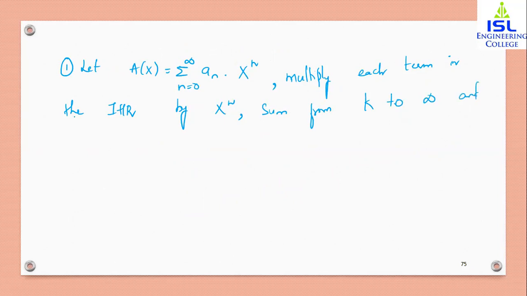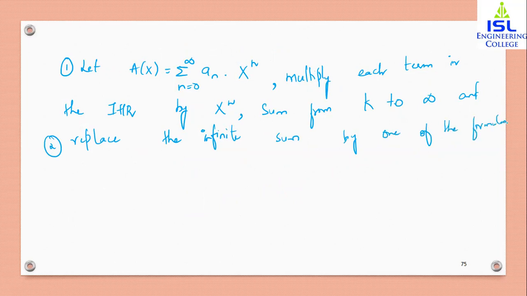So this will be your second step: replace the infinite sum by one of the formulas, or by an equivalent expression or equation, and then solve it with the initial condition.